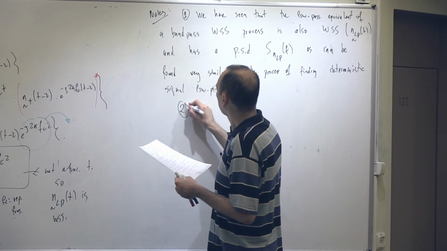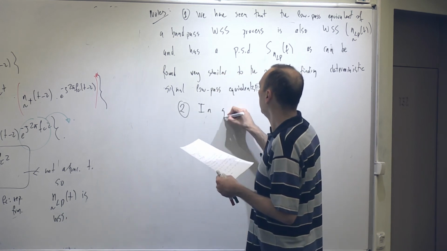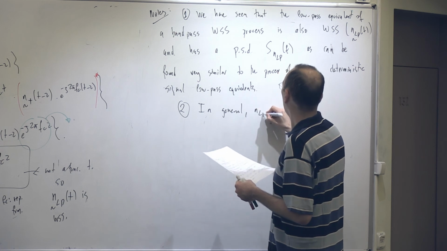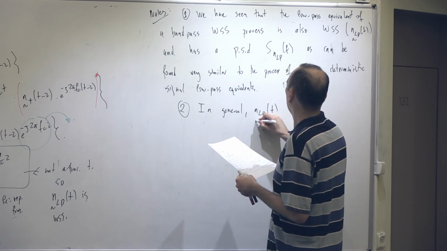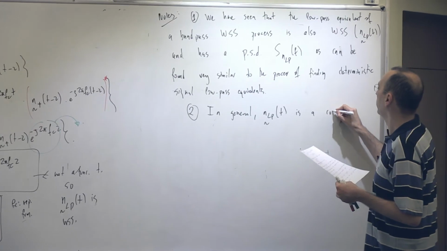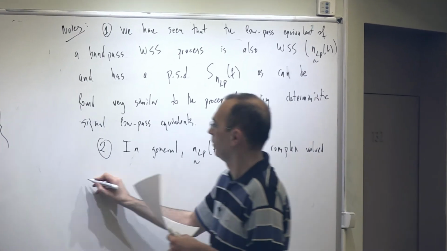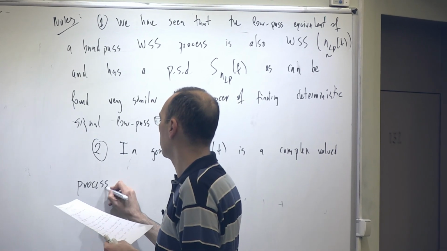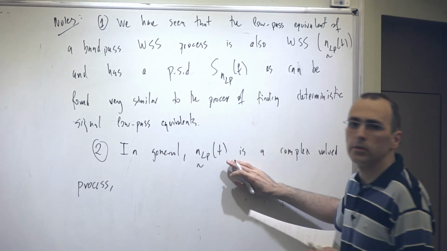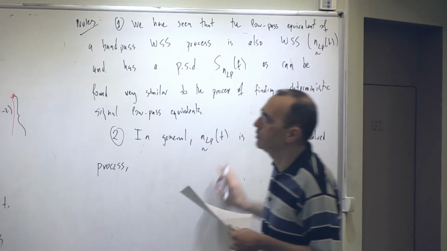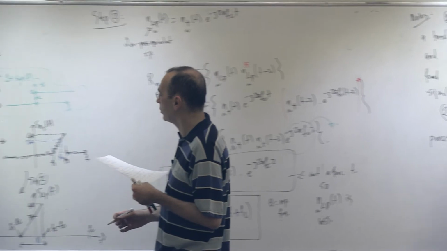Number 2, so in general, an LPE is a complex valued process. No surprises. Sometimes this lowpass equivalence is also called the complex envelope of the signal. There is another name in telecommunications.